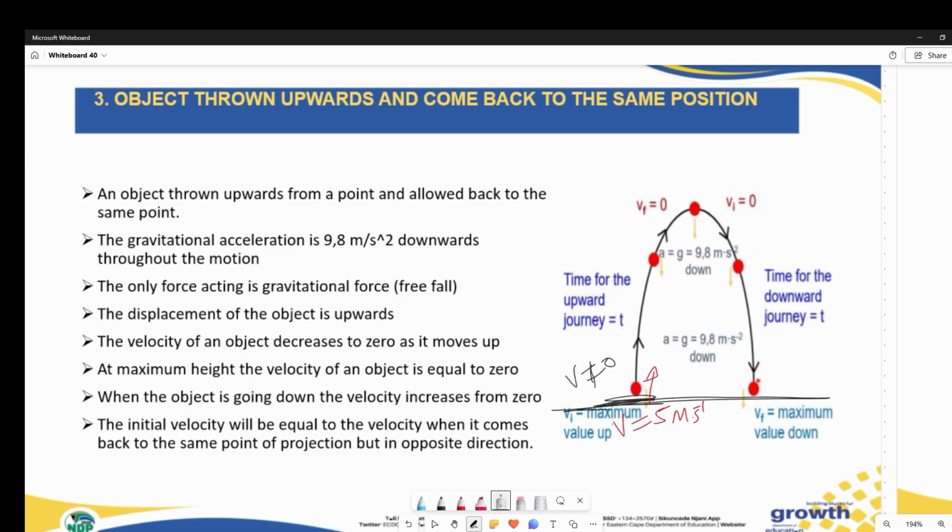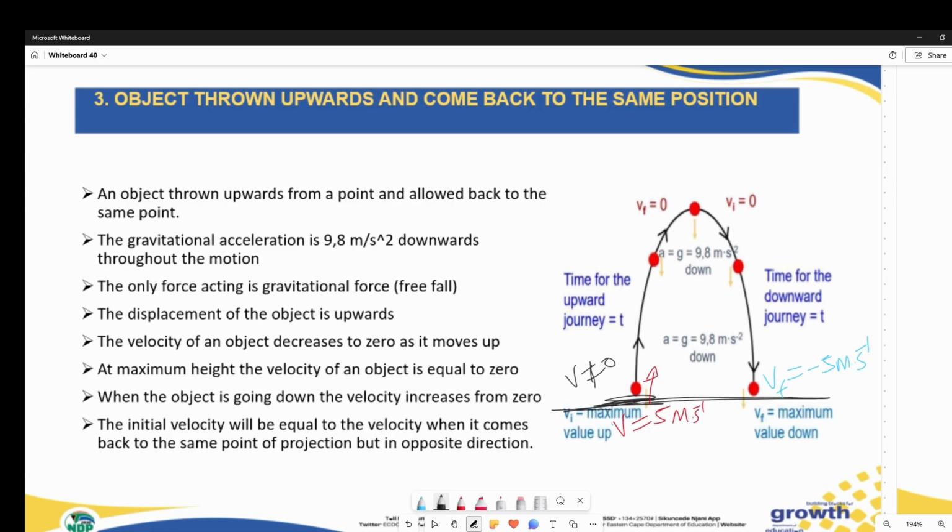When it comes back to the point of projection, it comes with the same velocity as at the start, but in the opposite direction. That means the final velocity there is going to be negative 5 meters per second, now moving downwards.